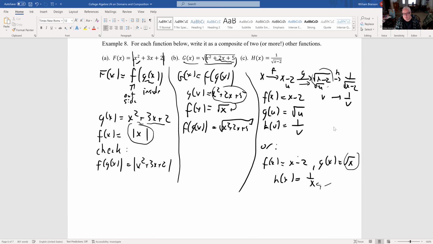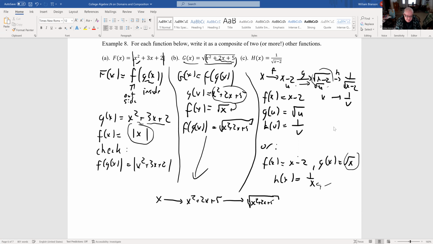So this can be a useful way to think about them as a sequence, and you can think about the labels a little bit. In this case, it would take me x goes to x squared plus 2x plus 5. That's this first function. And then the second function takes you to the square root of x squared plus 2x plus 5.